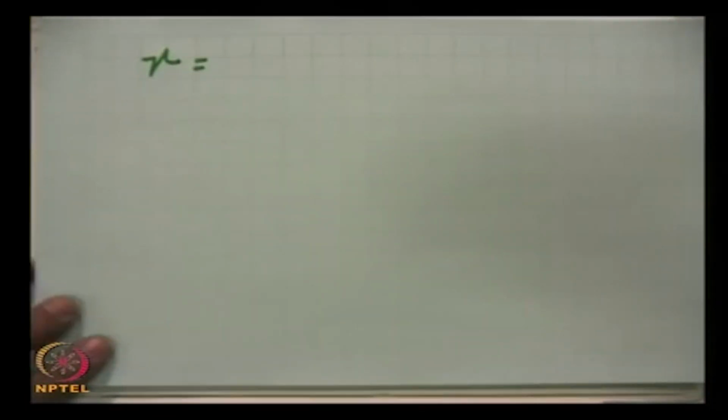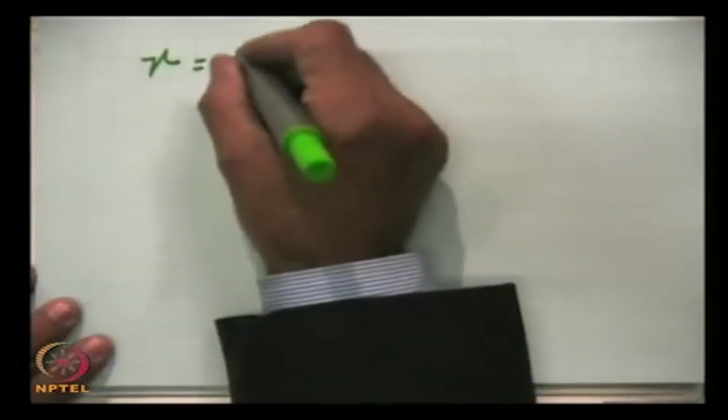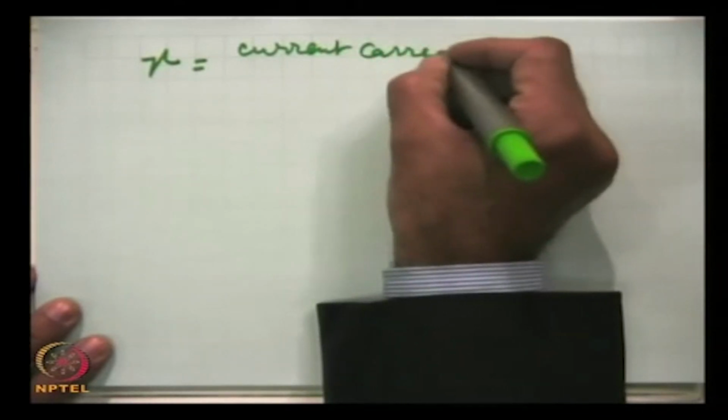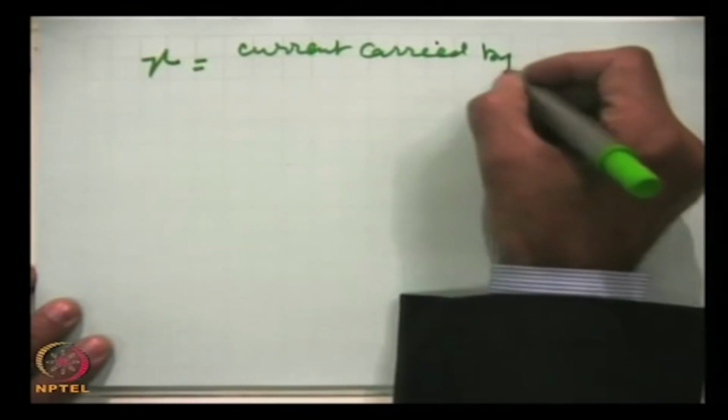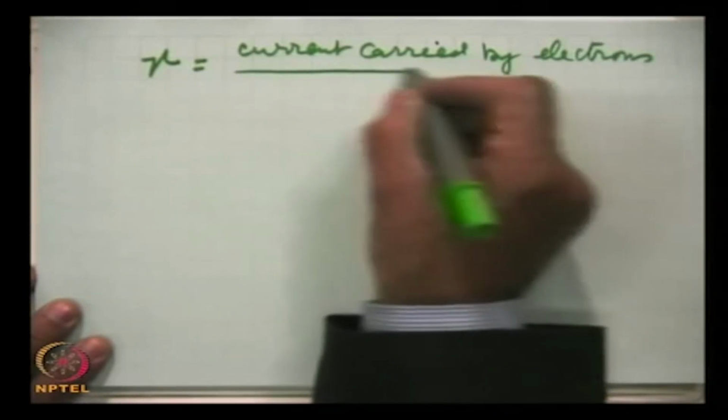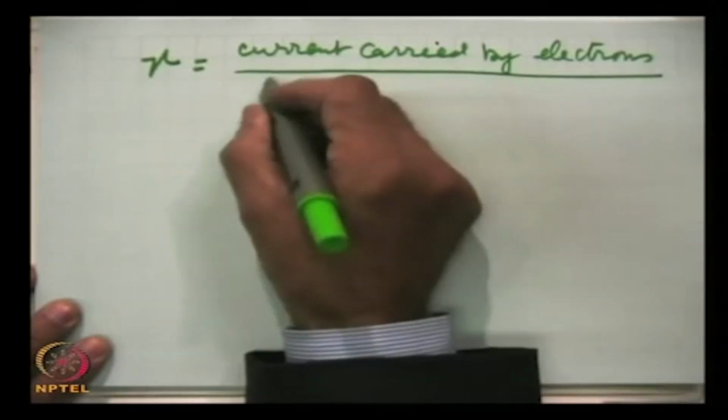We have talked about currents earlier, and we have seen that emitter current has 2 components. If we talk of either NPN or PNP, but currently we are talking about the NPN transistor, then this is defined as the total current carried by electrons divided by the total emitter current.